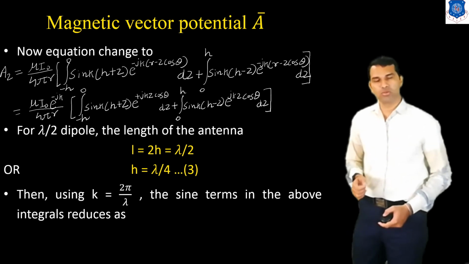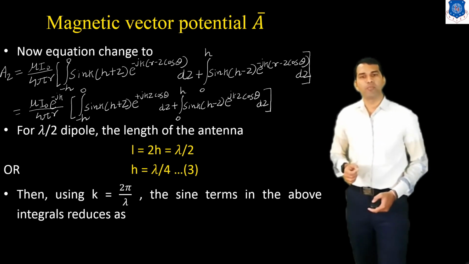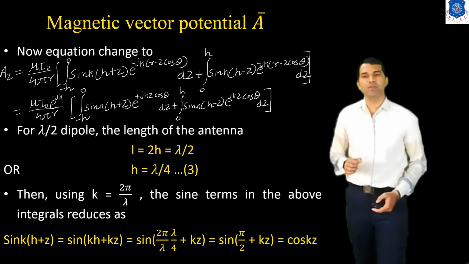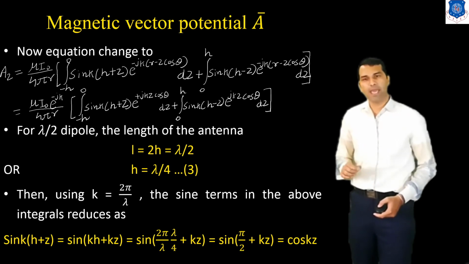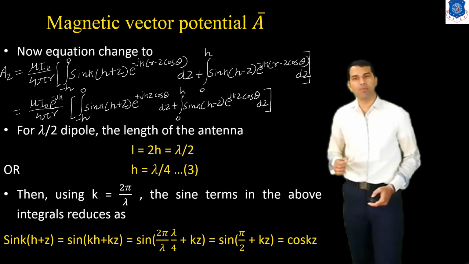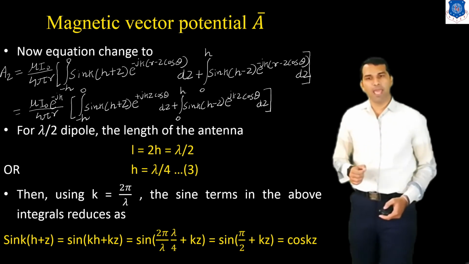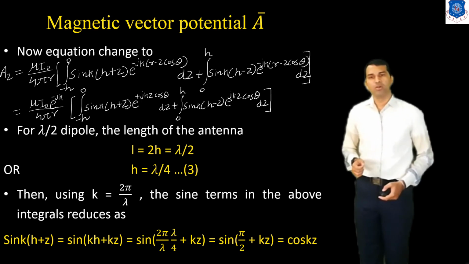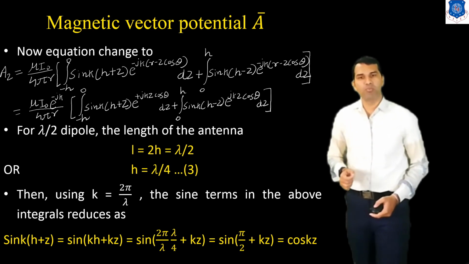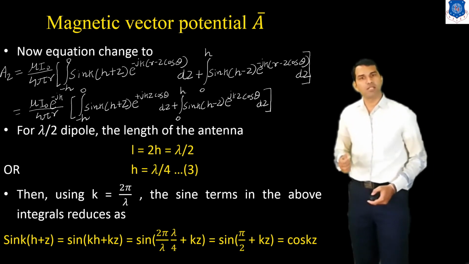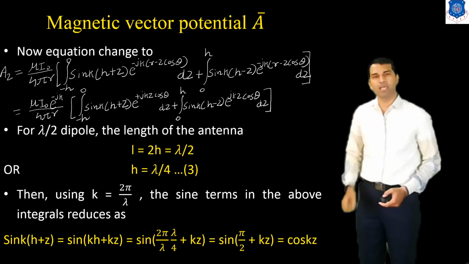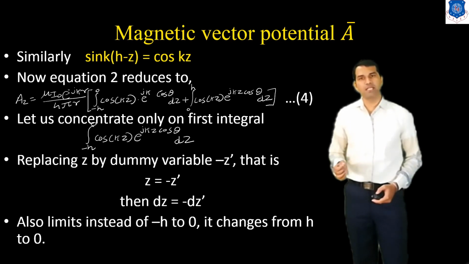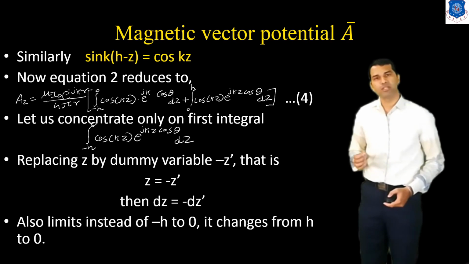Then using k equals 2 pi by lambda, the sine term in the above integral reduces: sin k(h plus z) equals sin(kh plus kz). Writing the values of k and h, k equals 2 pi by lambda and h equals lambda by 4, we get sin(pi by 2 plus kz), which is nothing but cos kz. Similarly, sin k(h minus z) can be written as cos kz.